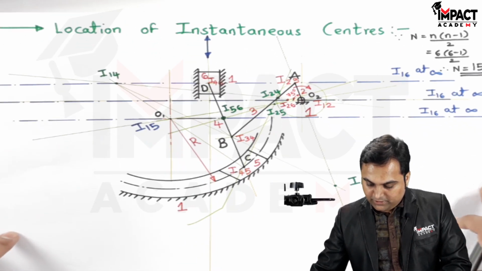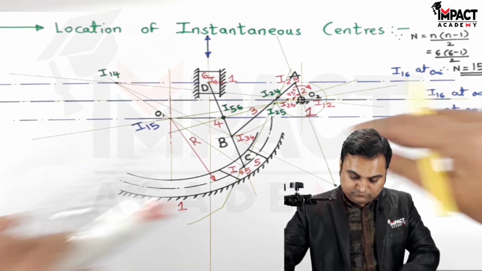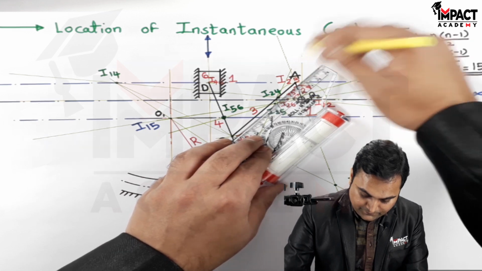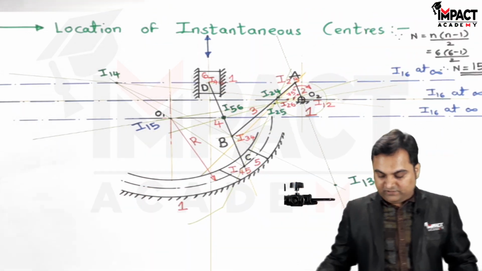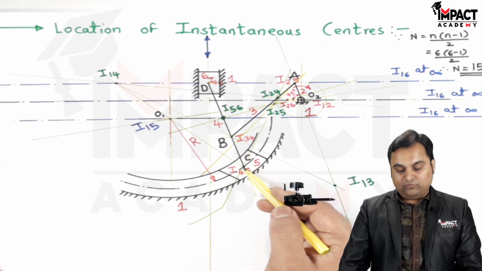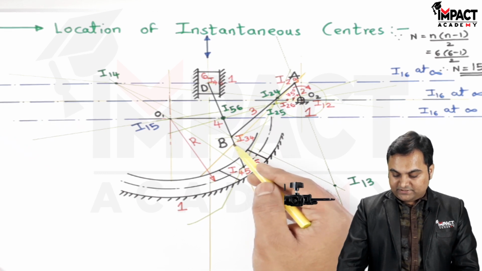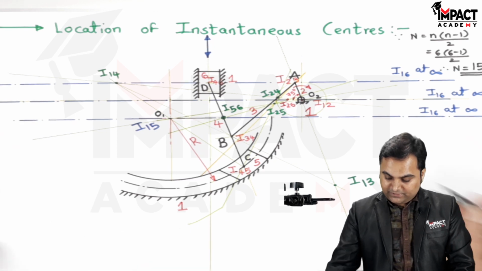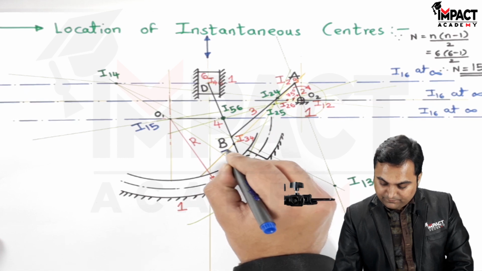So joining 2 3 and 2 5. Here there is 2 3, 2 5 joining with the help of a light line, and this was 3 4 and 4 5 already on this connecting rod. So where it intersects this connecting rod, that gives me the instantaneous center I35.